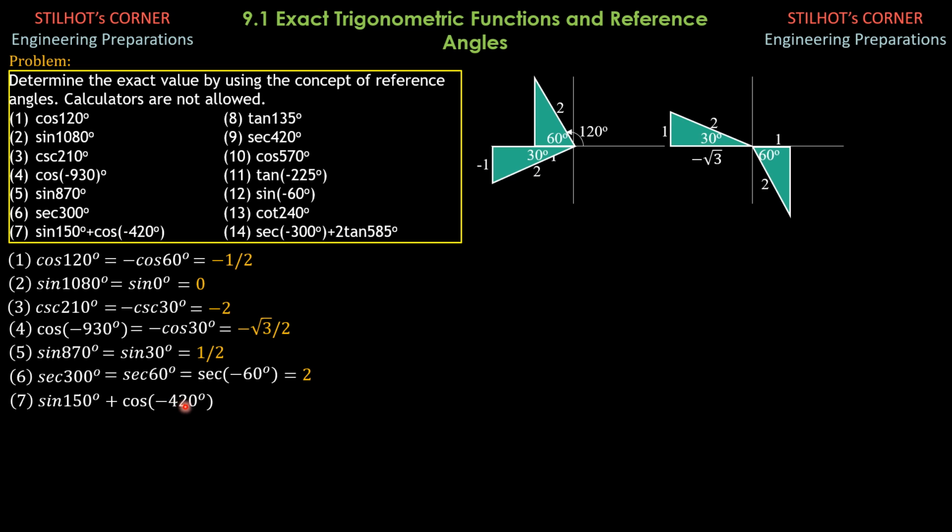This is negative 240 degrees. I write here. So sorry, sine of 150 degrees is the reference. Sine is opposite over hypotenuse, so it is 1/2. So it's just like sine 30 degrees.